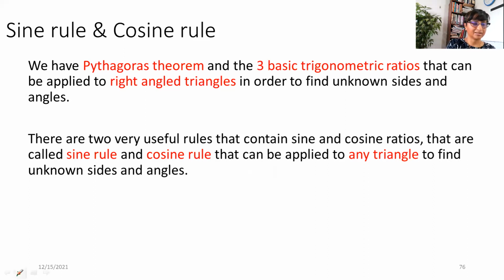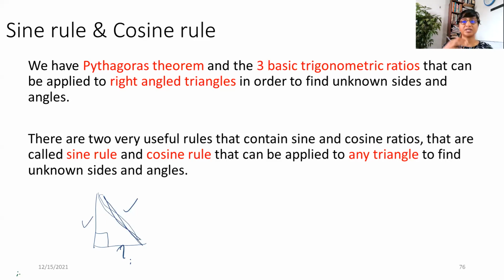Now, Pythagoras theorem, you have that you can apply for a right angle triangle. If you know two sides, you can find the other side. If you know any two sides of a right angle triangle, you can find the third side by using Pythagoras theorem.